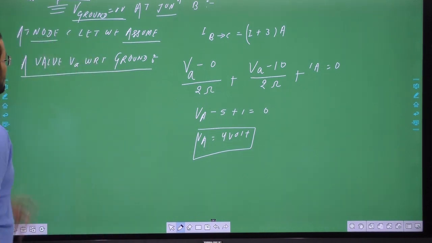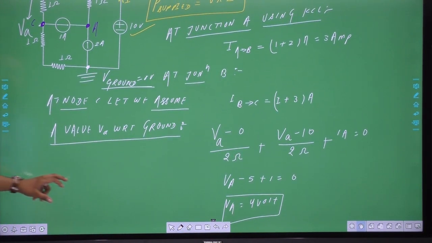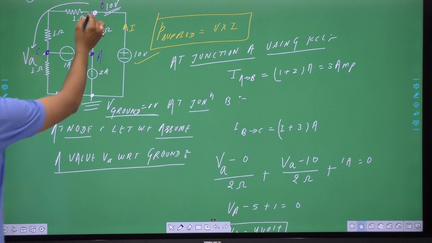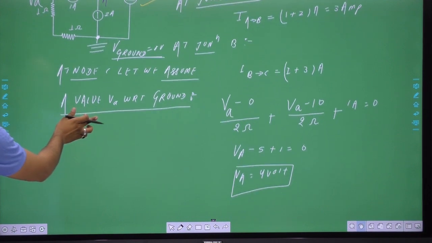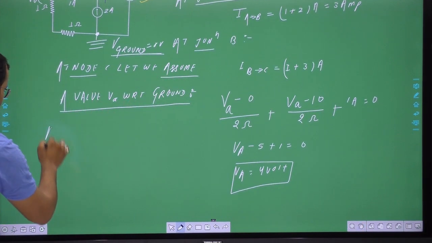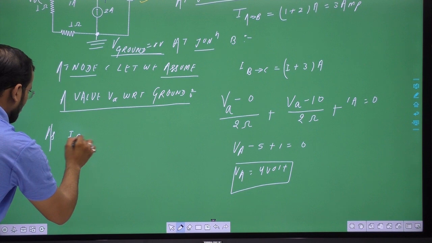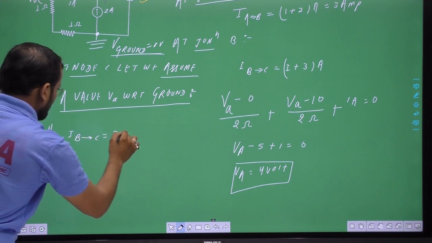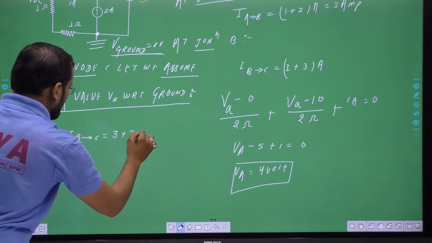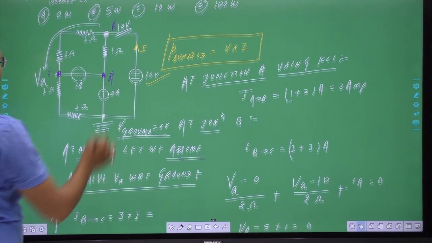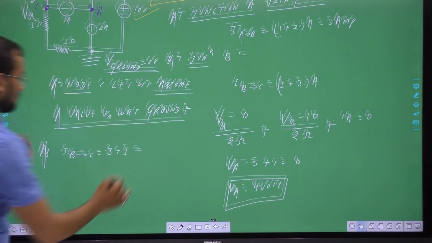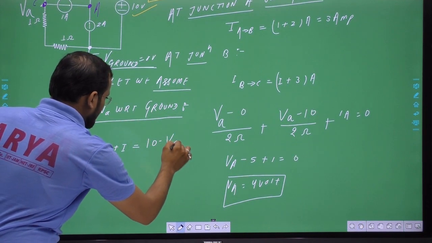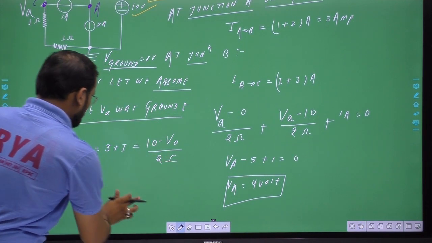As we have VA equal to 4 volt, looking again at the circuit, current is flowing from B to C, IBC, and we already determined IBC, the current from B to C, is equal to 3 plus I, which will be equal to (10 minus VA) divided by 2 ohm.